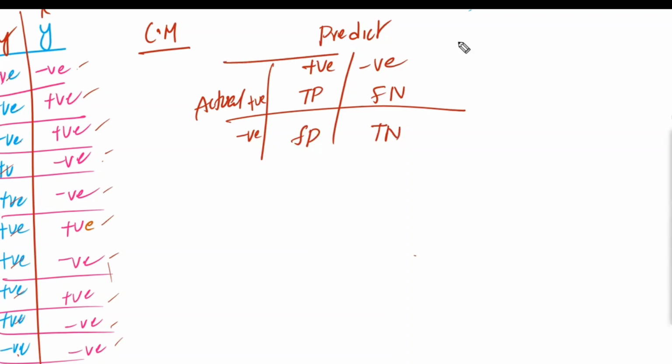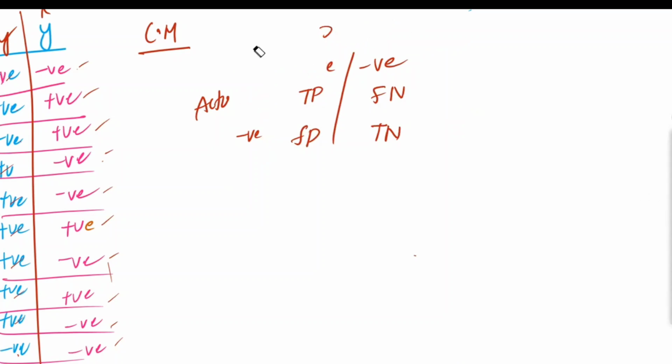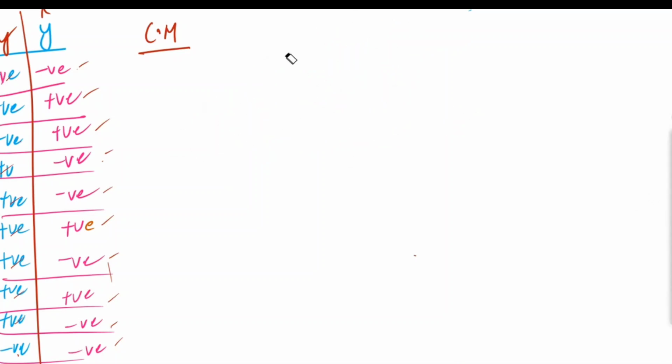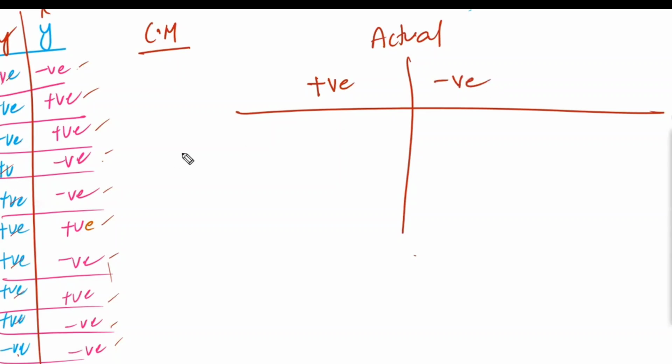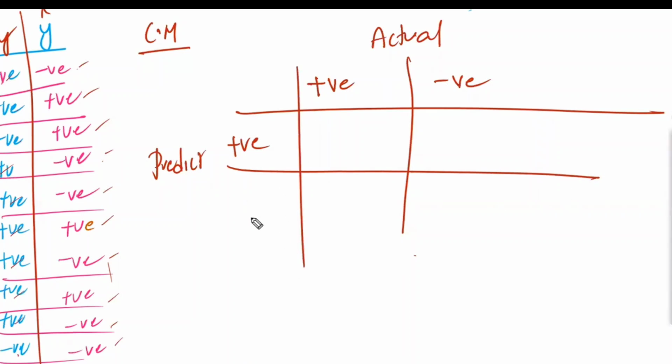So this side is the predicted side and this side is the actual side. Let me write clearly, because I have to explain based on this. So actual: positive, negative; predict: positive and negative. Now this is called TP, TN, FN and FP.